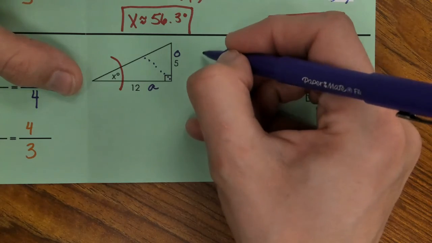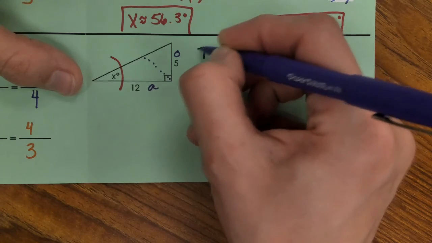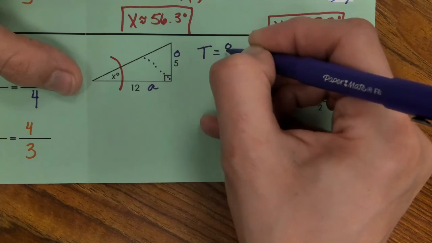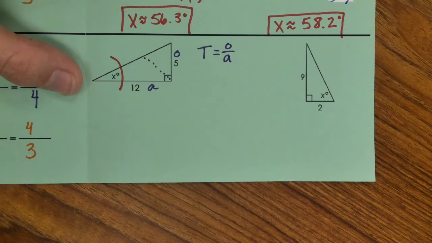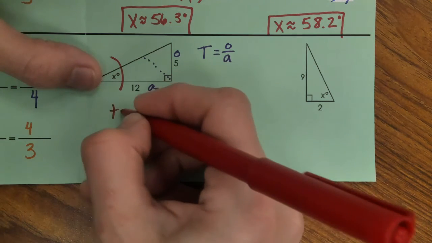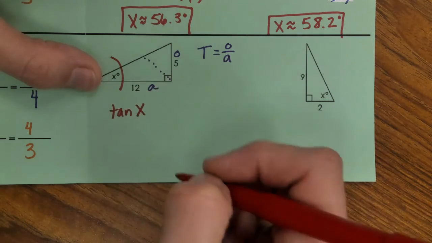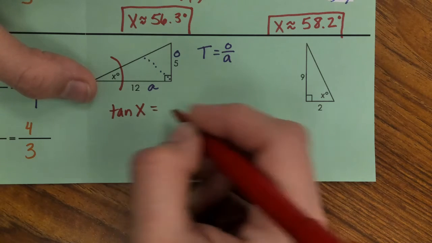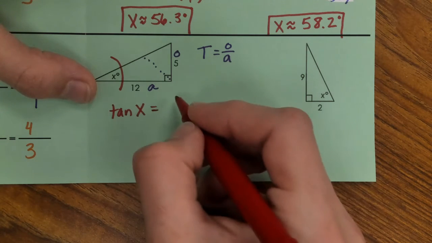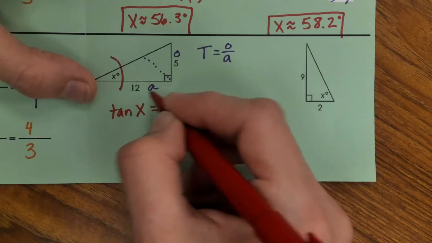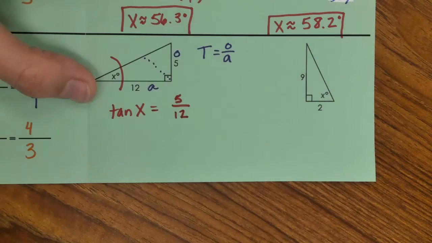And we know that O and A is in TOA, tangent, is opposite over adjacent. So we have the tangent of our missing reference angle X is equal to opposite 5 over adjacent 12.